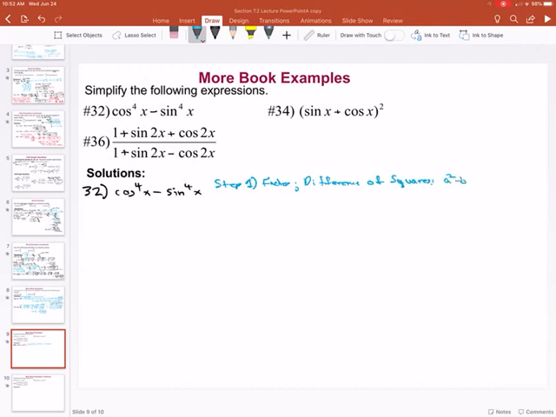A squared minus b squared factors to a minus b times a plus b. So we see here in this example, and we can write it right beneath it, this is equal to cosine squared x squared minus sine squared x squared, right? Difference of squares. So there's my a and my b, so to speak.